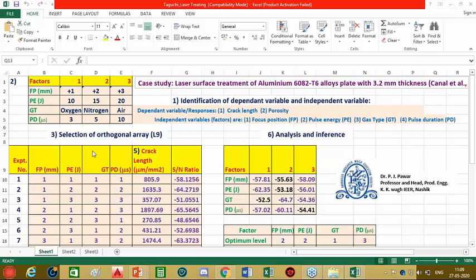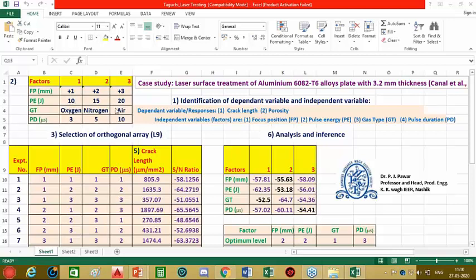Naturally, for a robust design, we have to minimize the effect of uncontrollable factors, and therefore the SN ratio is to be maximized, because S stands for signal and N for noise. So we have to set the controllable factors in such a manner that the effect of uncontrollable factors will be minimized. This is possible when we maximize the SN ratio.